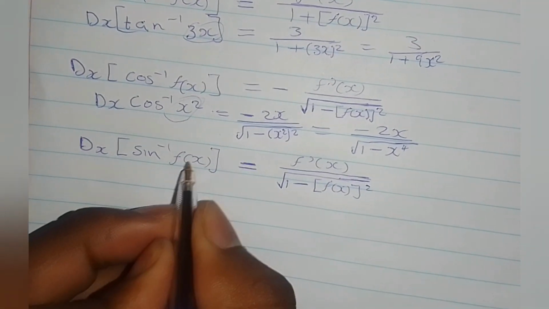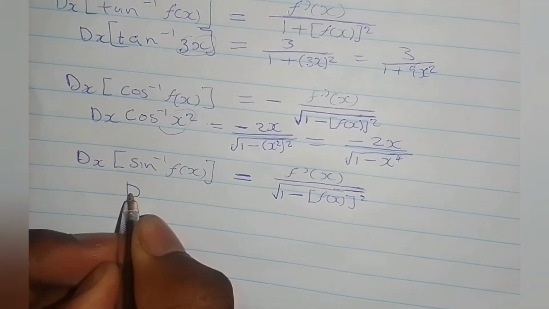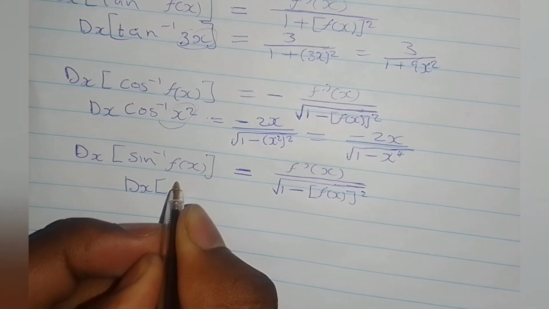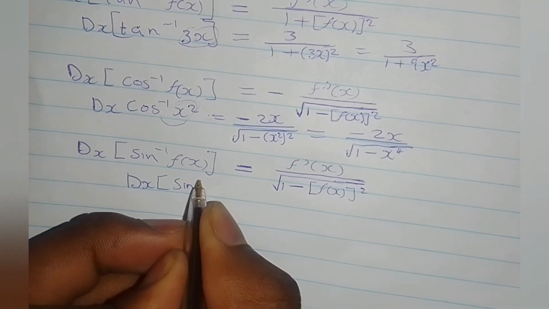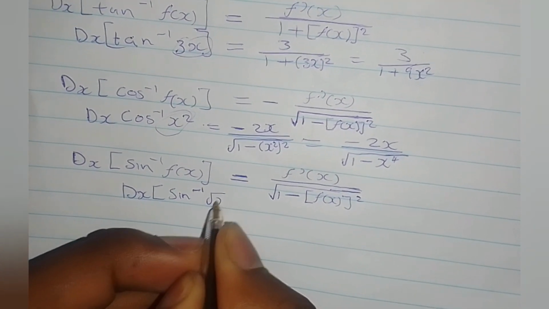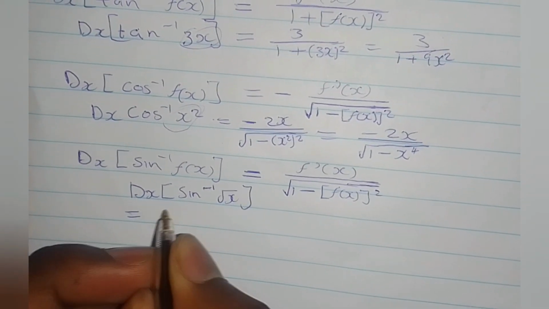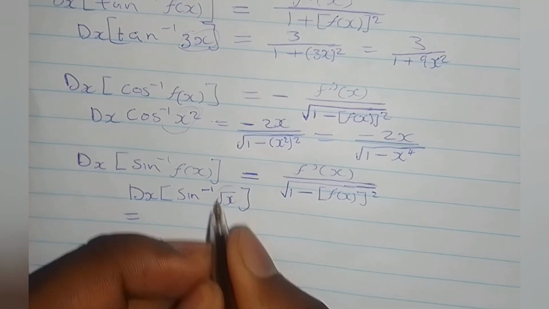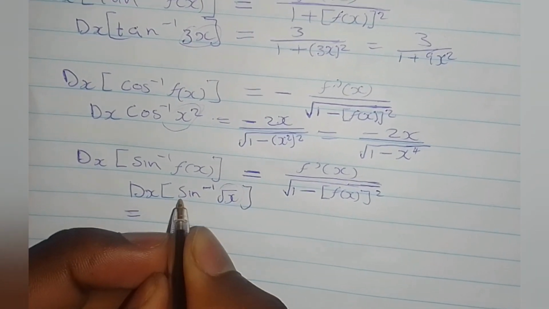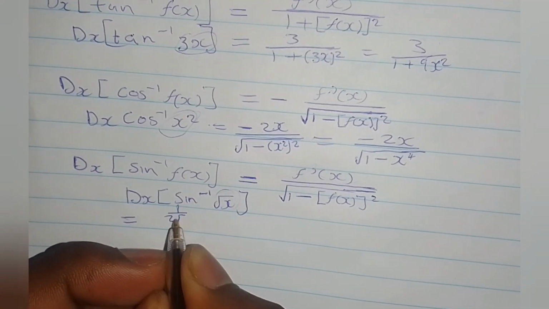Now what about arcsine of f of x? If you're trying to derive this one, let's say you're trying to find the derivative of arcsine of the square root of x. This is going to be the first derivative of the square root of x, which is 1 over 2 root x.